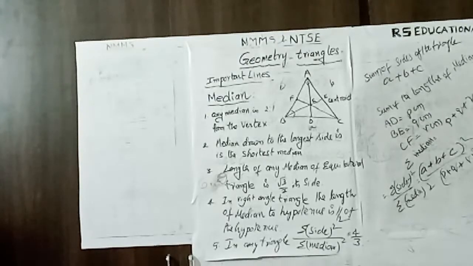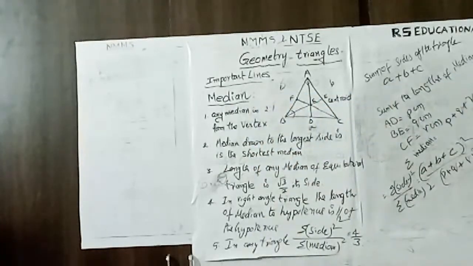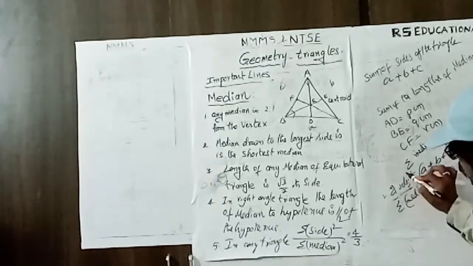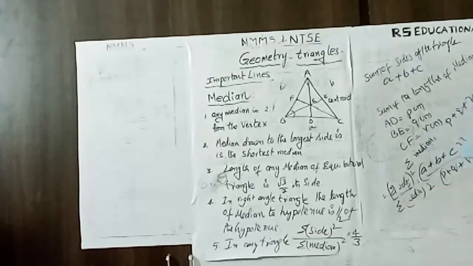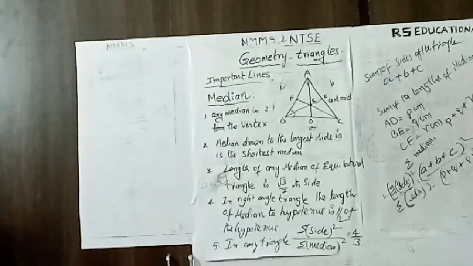What does it mean? The sum of the squares of the sides to the sum of the squares of the medians are always in the ratio of 4:3. Sigma medians whole square is always 3 by 4 of sigma side whole square.